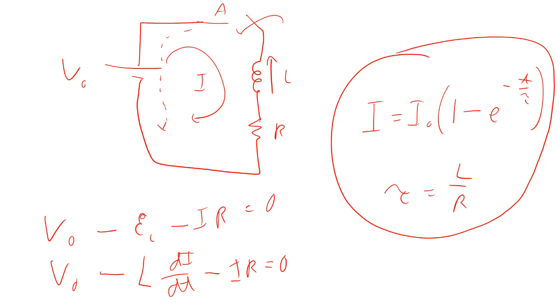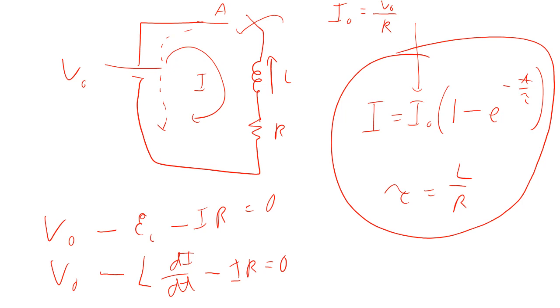If you're trying to increase the current in the inductor, this is what you get. The I naught in this case is not the initial I, it is the steady state I, after everything has settled down. So for this problem, I naught will be equal to V naught over R.